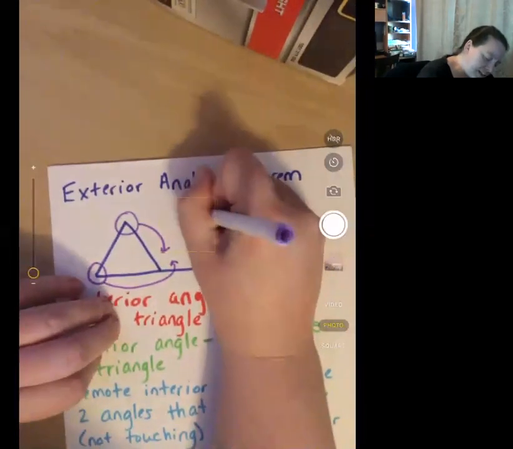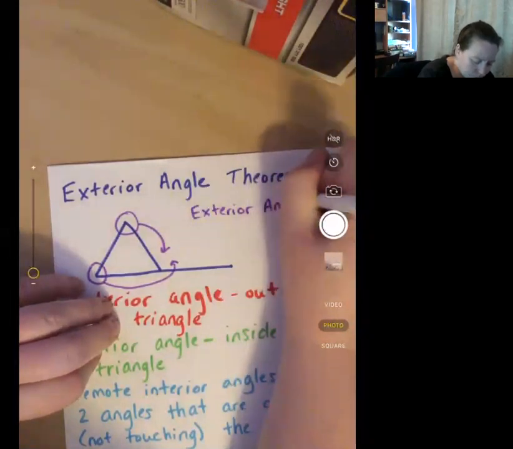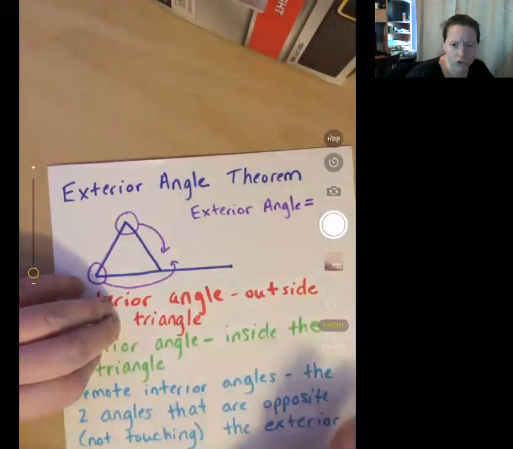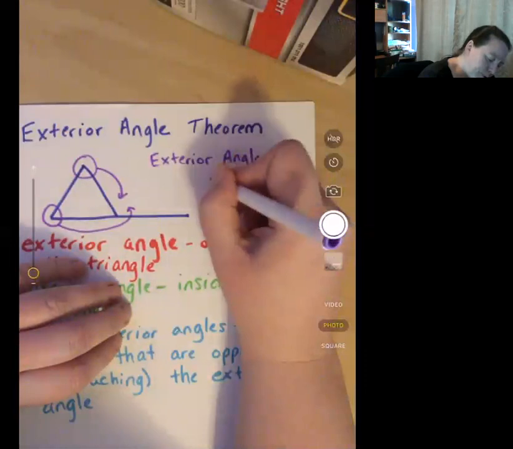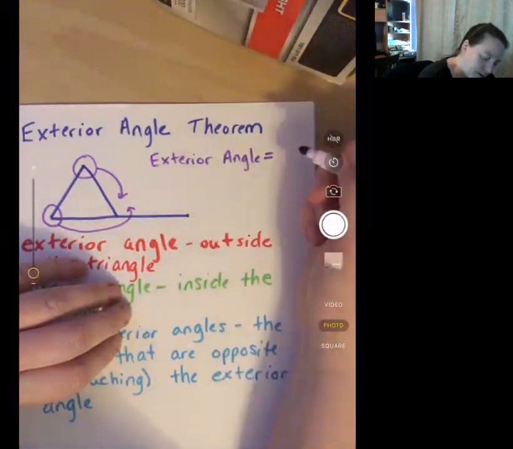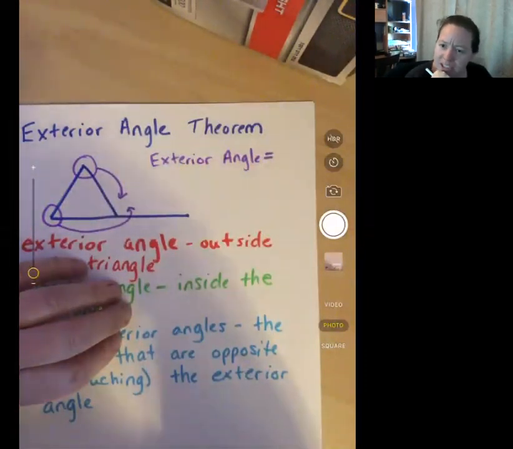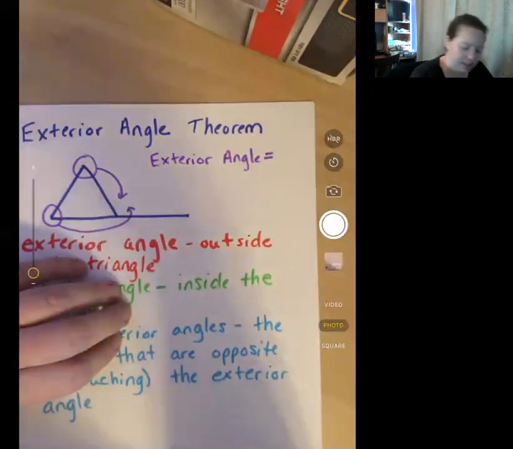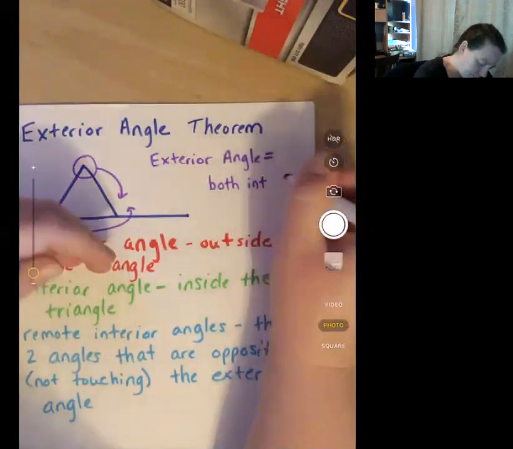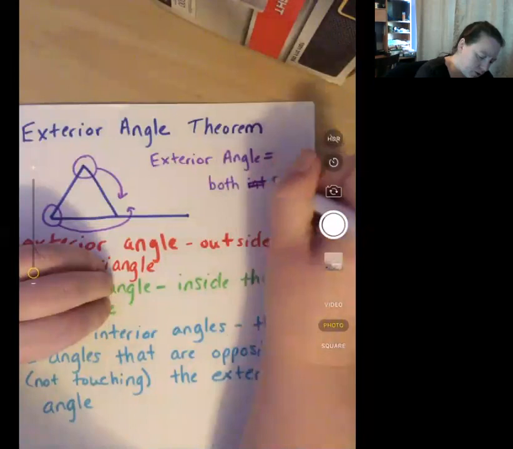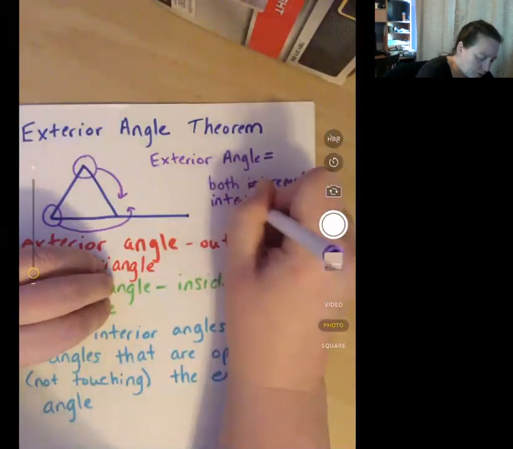Okay, so our exterior angle is equal to both interior angles, equal to both interior, remote interior angles.